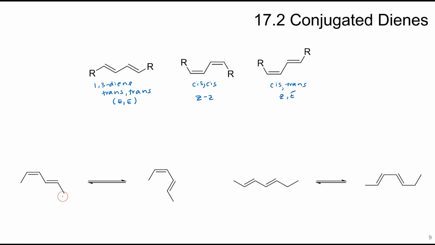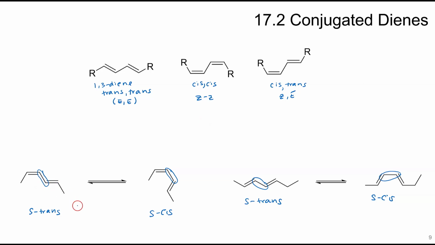So in these conformations down here, this is s-trans. So those are on opposite sides. Now it's on the same, so this is s-cis. This again is s-trans. And it can go through a different conformation and go to the s-cis. So this naming is a little bit different than the naming down here. The stereochemistry up here is a little bit different than this.